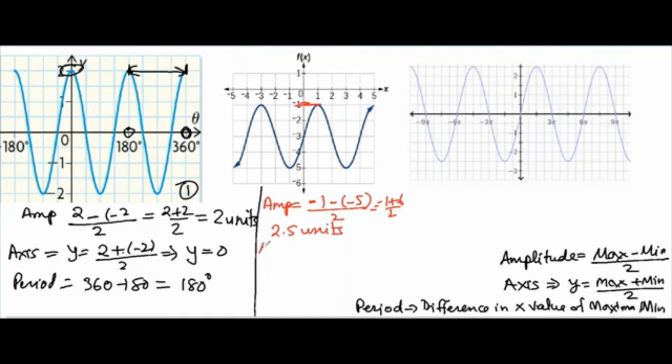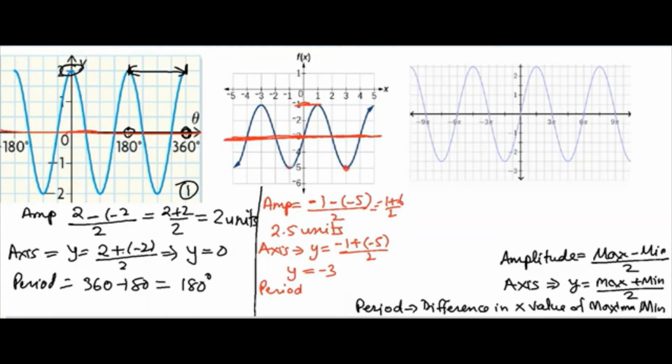What about axis? Y equal to maximum plus minimum divided by 2. So minus 1 minus 5 is minus 6, divided by 2 is minus 3. Y equal to minus 3 is the axis. In the first case it was y equal to 0, so the x-axis itself was the axis. But here the axis is y equal to minus 3. Now period. This time I'll take minimums.